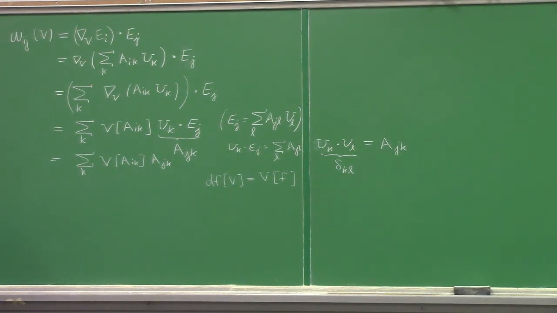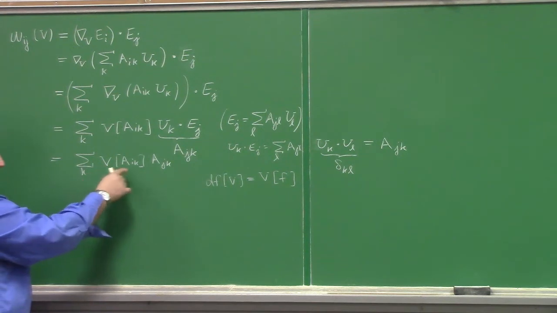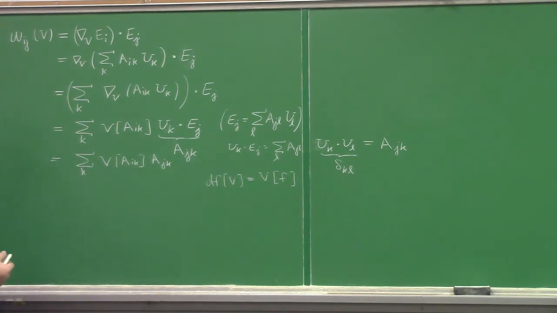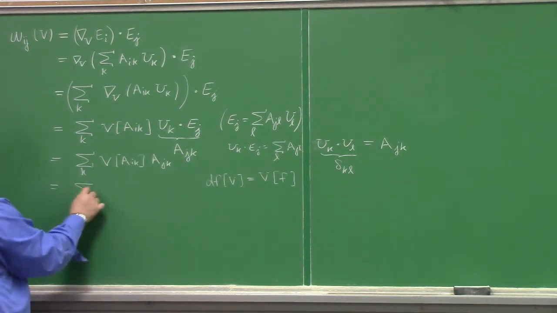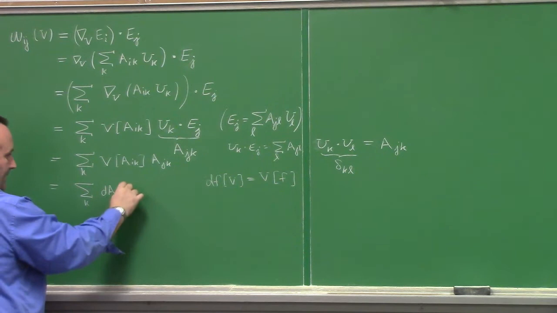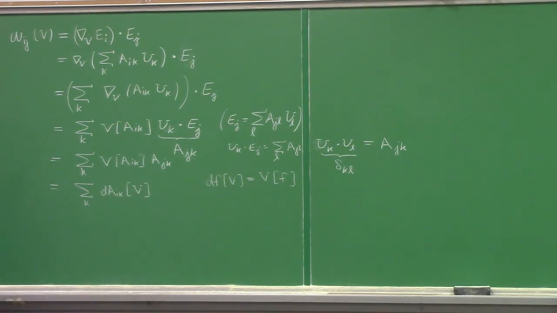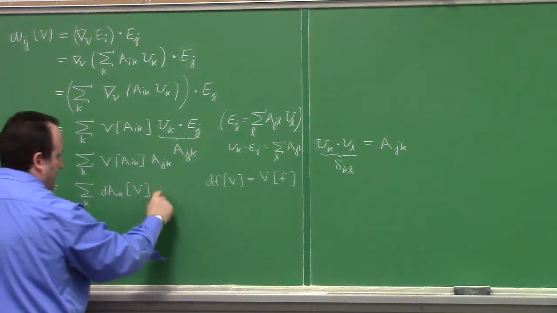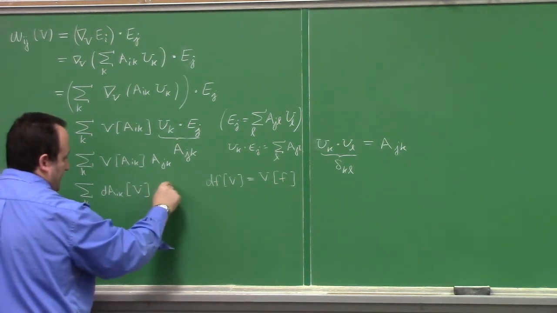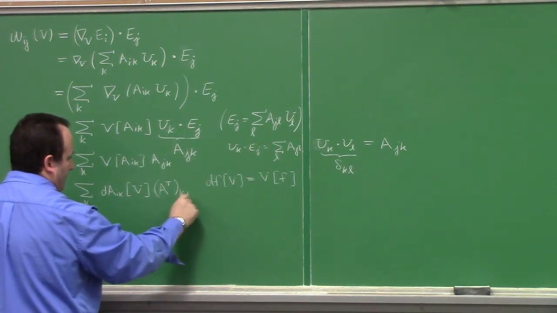So this is a vector field acting on the function a_ik, right? I can rewrite that as da_ik acting on the vector field v. And then I still have, well, I'm going to rewrite it as A transpose, kj.